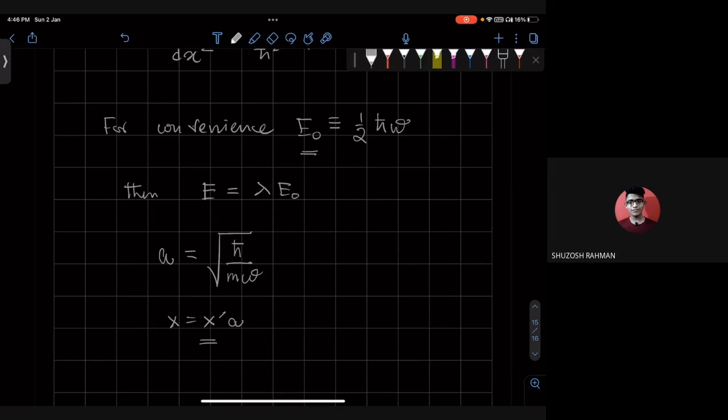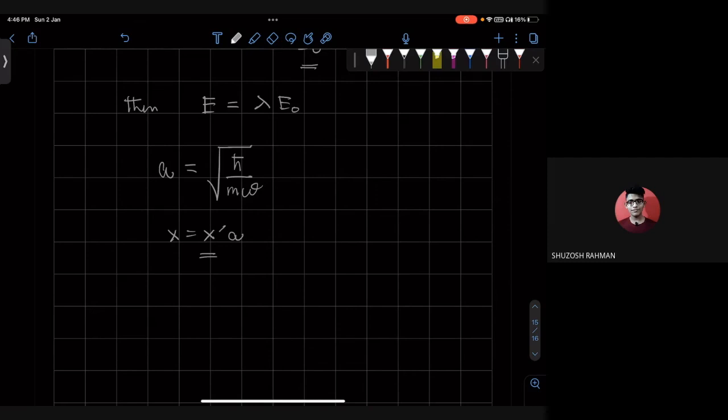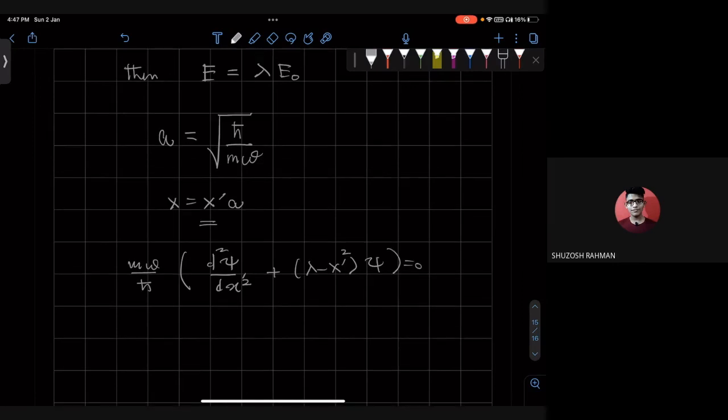If we use these constants, then our equation becomes m omega divided by h bar, d squared psi dx prime squared, plus lambda minus x prime squared, psi equals 0. Then we see that this is just a constant, so we can divide by that constant and relabel x prime to be x.